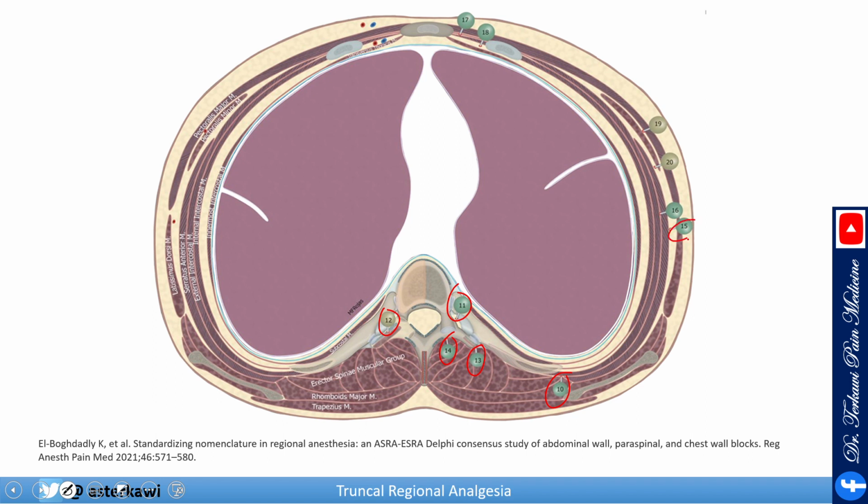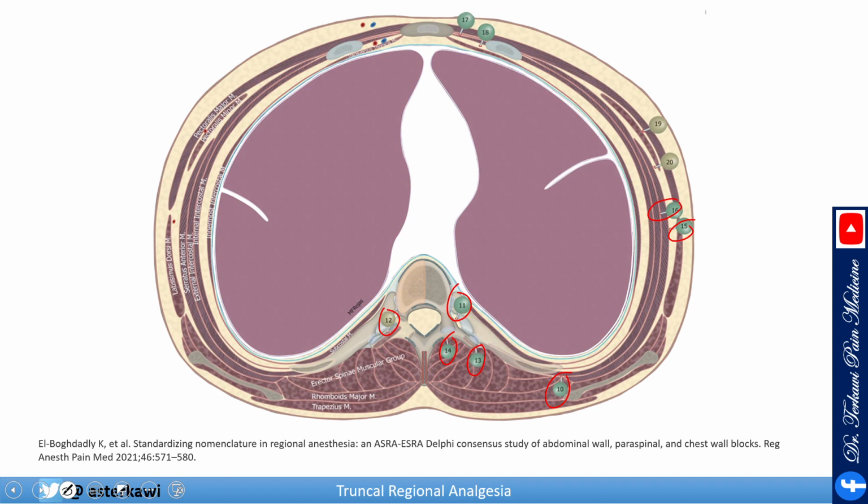And then 15 is the superficial serratus anterior block, which is superficial to the serratus anterior muscle. And 16 is the deep serratus anterior plane block, which is the posterior surface of the serratus anterior muscle, with the periosteum of the rib.